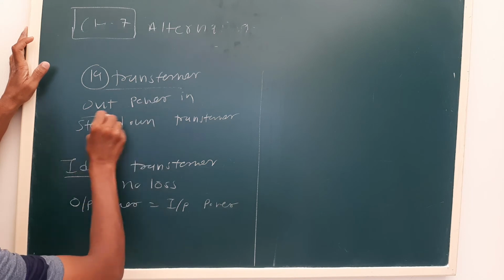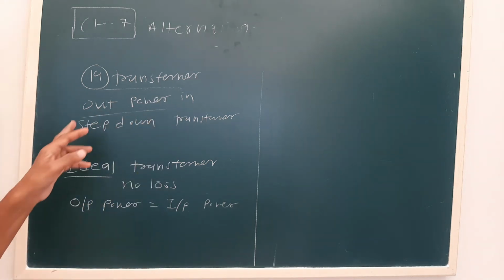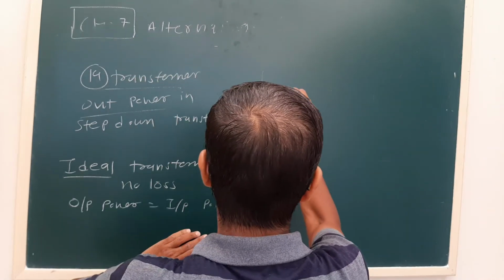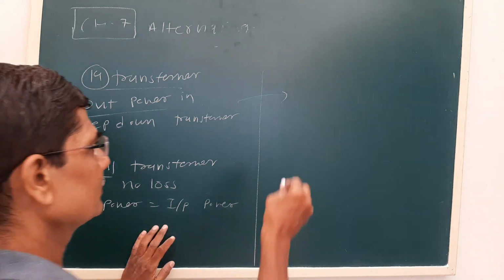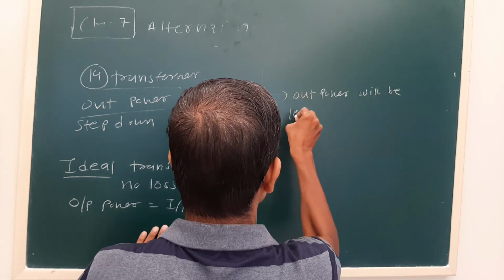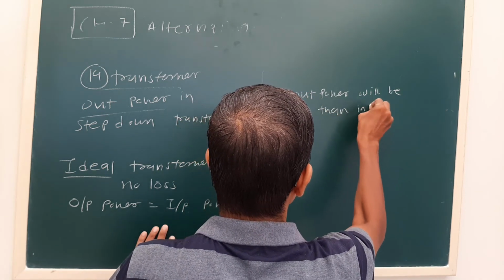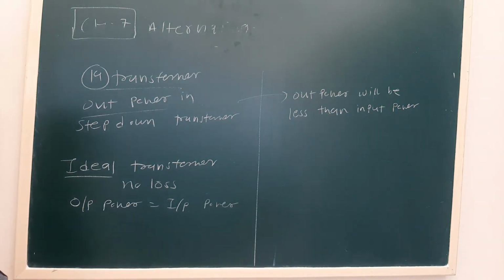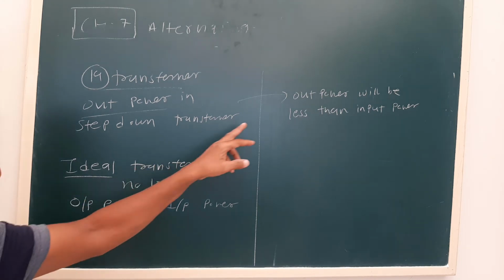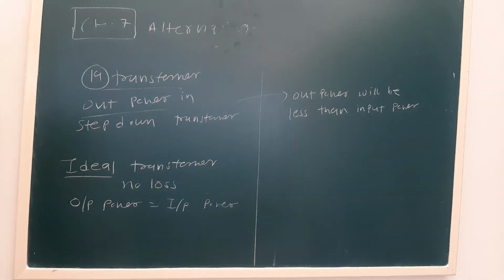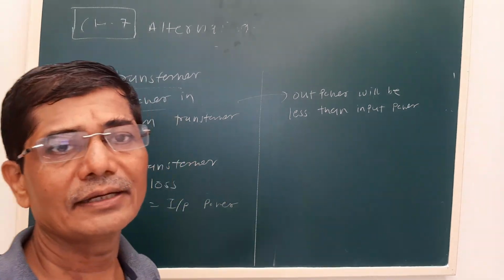But here no such condition is given. So naturally we have to consider the losses also. So in that case, if the losses are involved, output power will be less than input power. Okay, if it was given that it is an ideal transformer, then we have to assume there are no losses, and the power will be equal. But right now, here no such condition is given. So in that case, the output power will be less than input power.